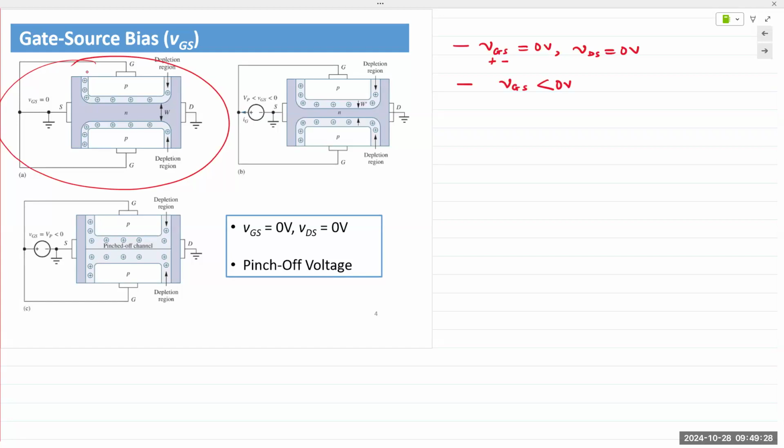The junction is reverse biased. When the junction is reverse biased, what happens to the depletion region? It increases, as shown right here.